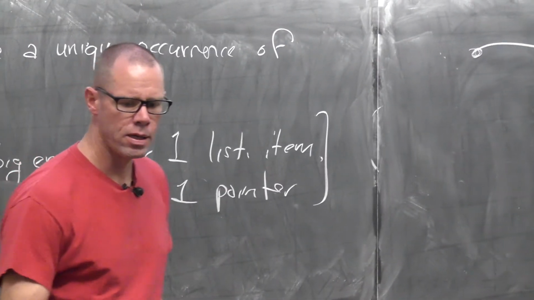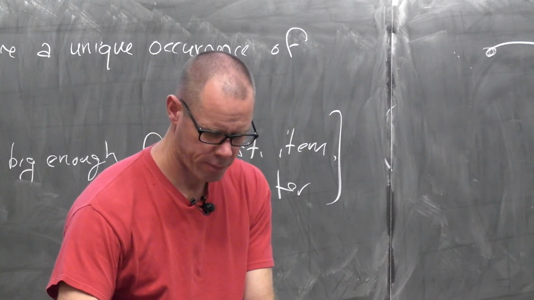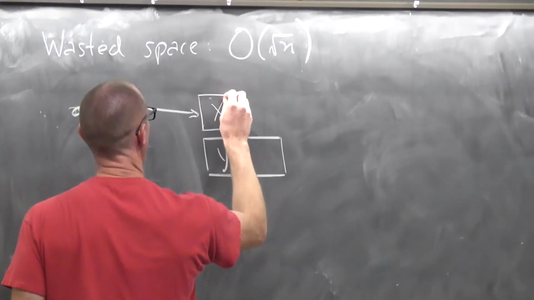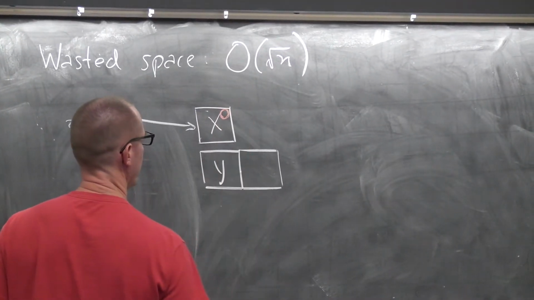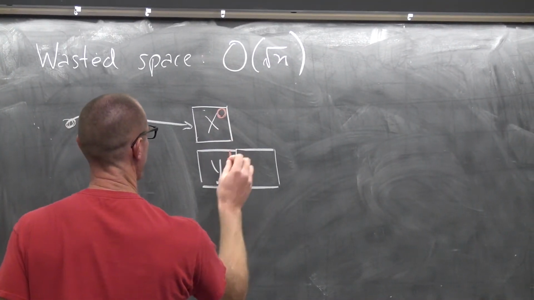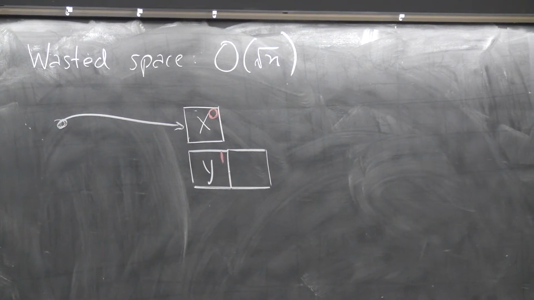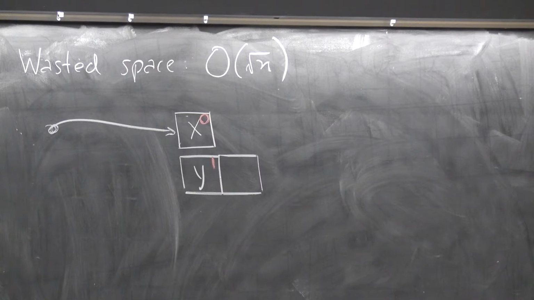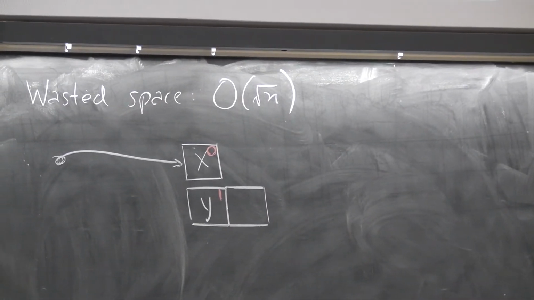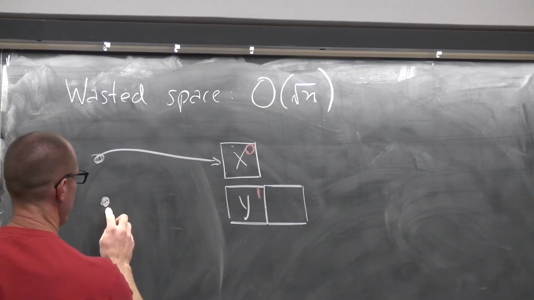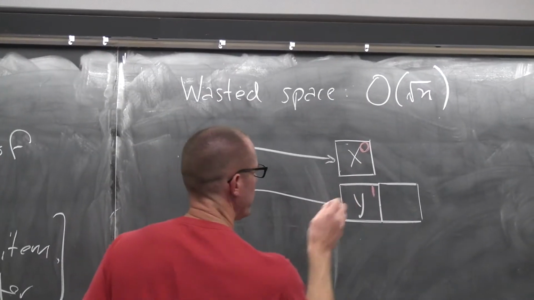So we can think of this now as, here is list item 0. Here's list item 1. Now if we want to add something, we have space. So if we want to add a z, well, before that, we now need another pointer to point to this thing.